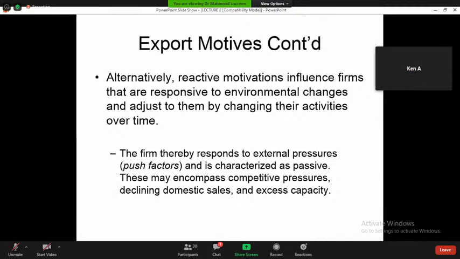So it could be push factors and not pull factors. Push factors such as competitive pressures or declining domestic sales, and excess capacity might also push the firm to go out there.